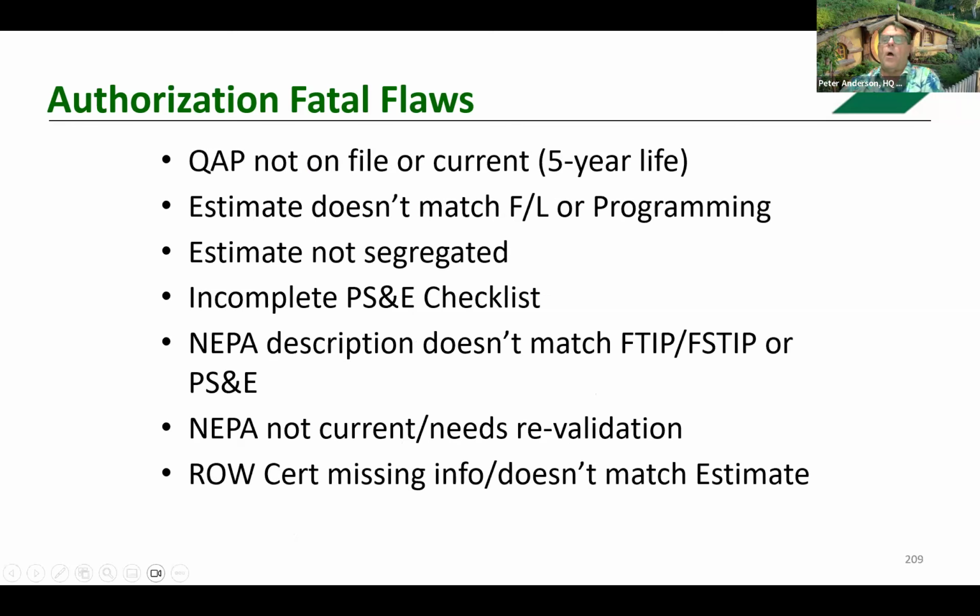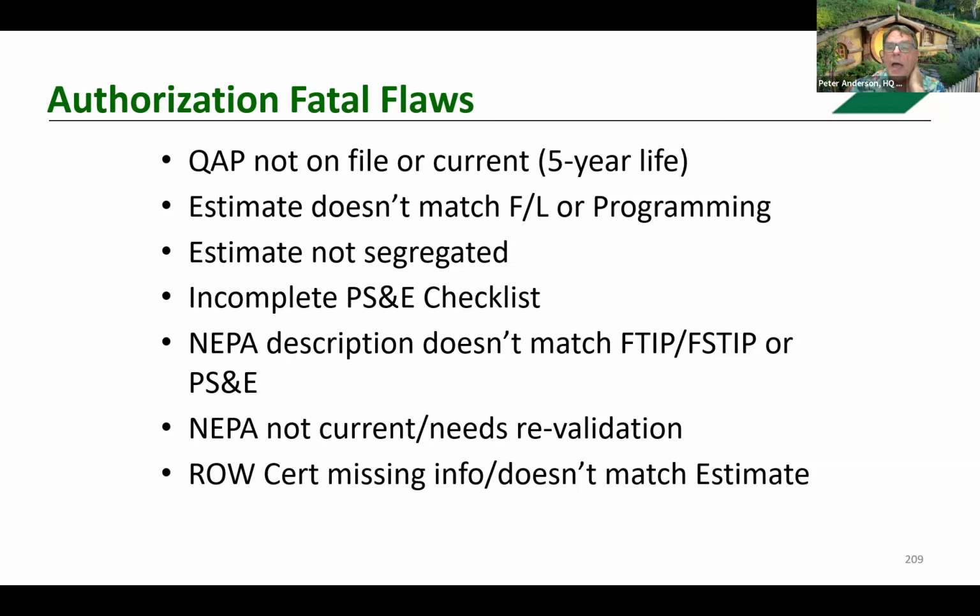The quality assurance program is not on file. The QAP will ensure that materials and workmanship incorporated in each construction project conform with the requirements of the contract plans and specifications, and it must be updated every 5 years.